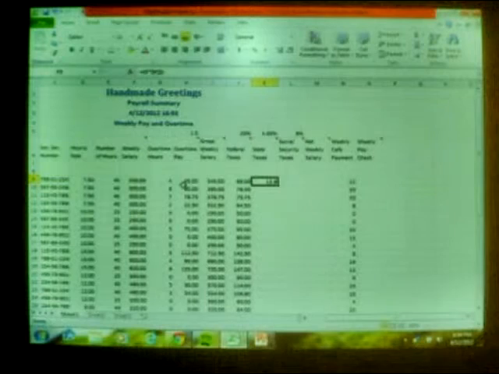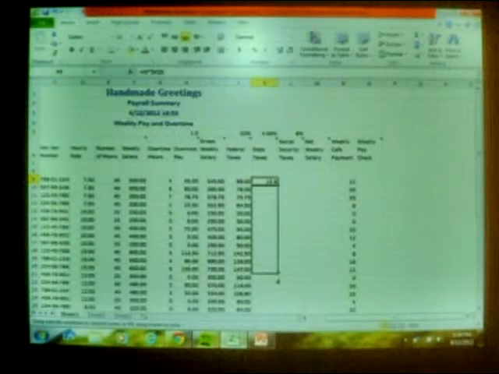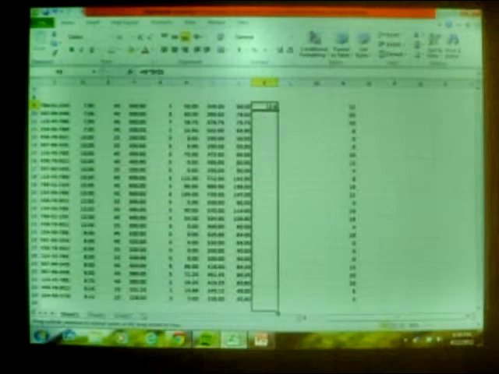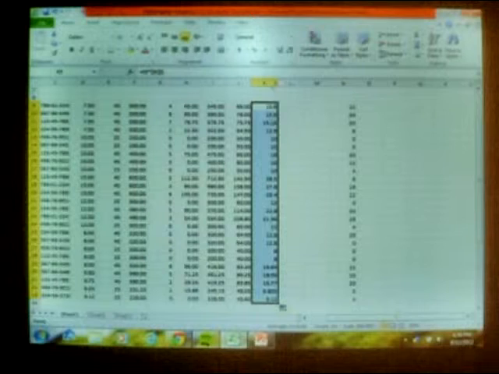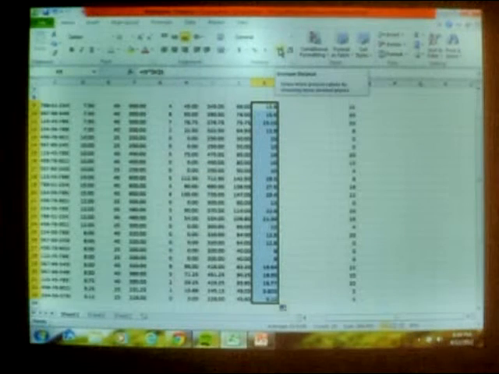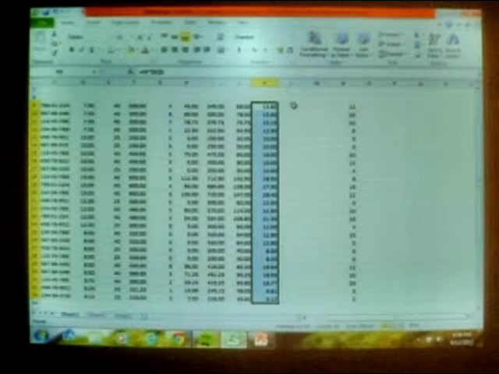Back to the formula bar to enter. Okay, and then we'll use our fill handle to copy to row 33, and we'll increase our decimal place. Okay, so now we have solved the state taxes.